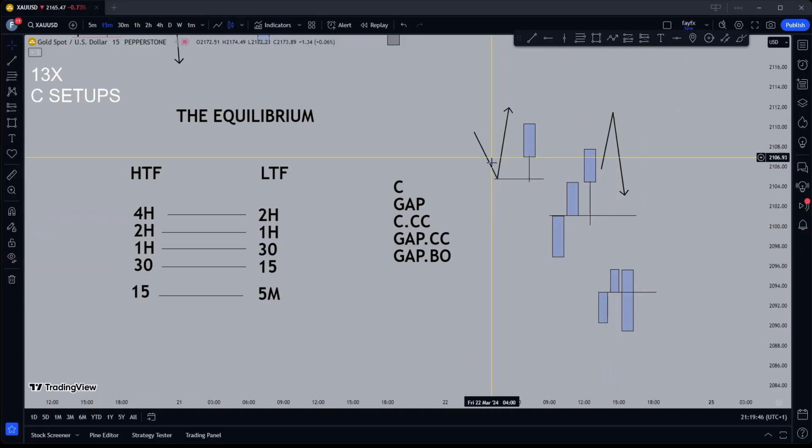Those are the levels we have and we are going to use all the time.